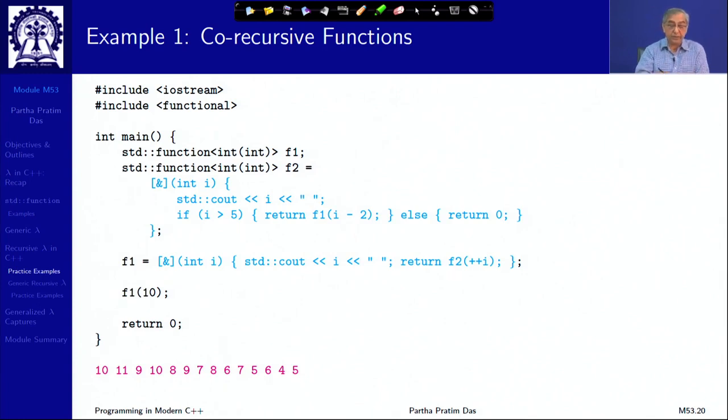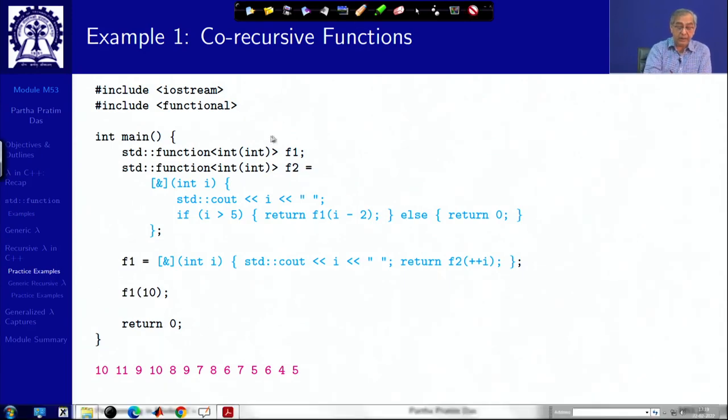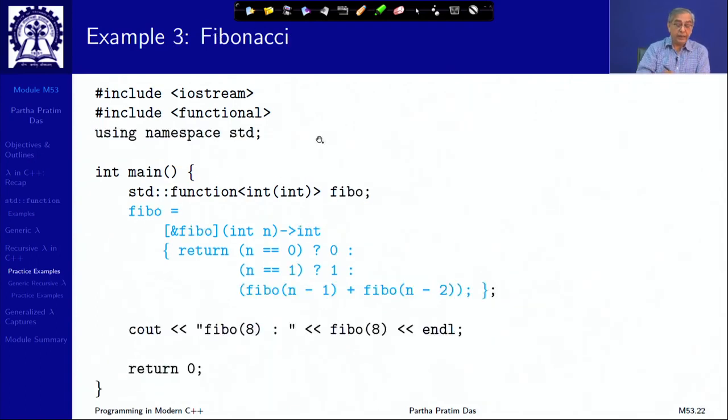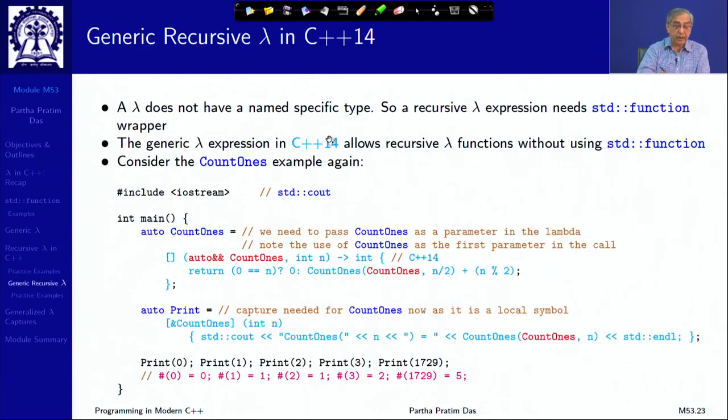The common thing is all of them use the std::function pre-declaration for the functor variables. Then there is a solution for factorial. You should not see these solutions, you should try to write them first, and only if you cannot, then see the solution and try them out. There is one for Fibonacci too. So these are the practice examples that you do.